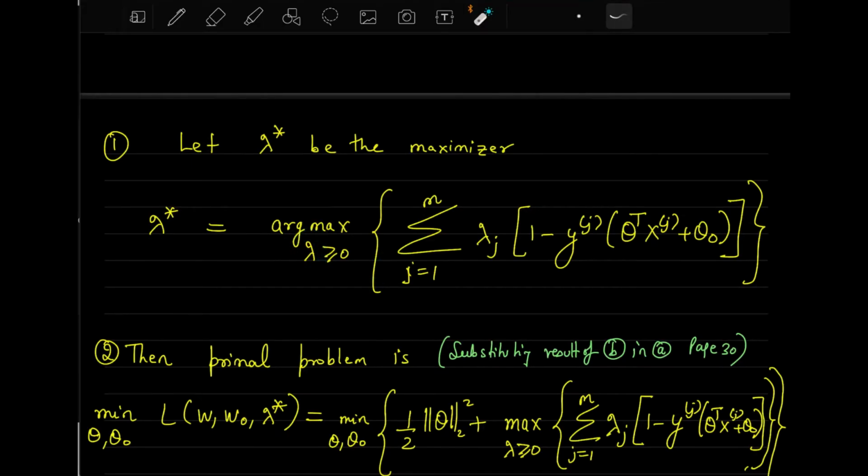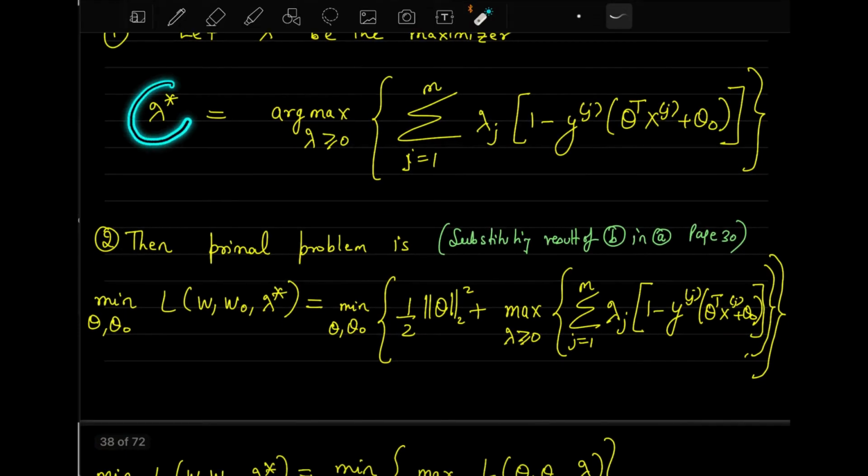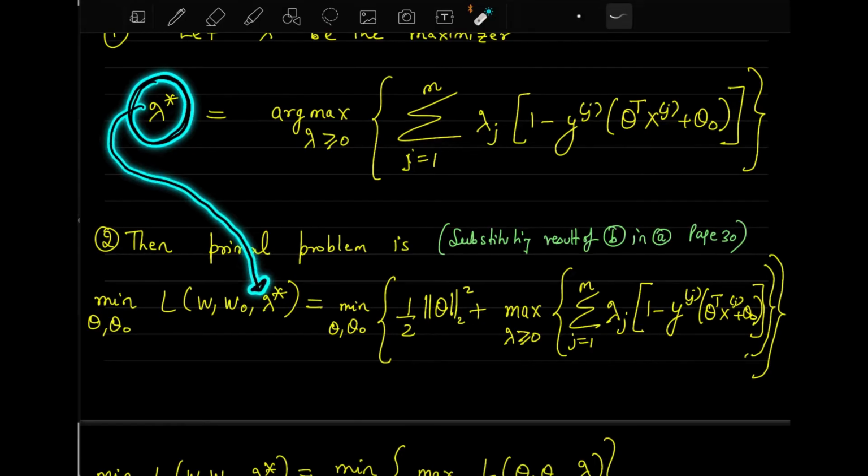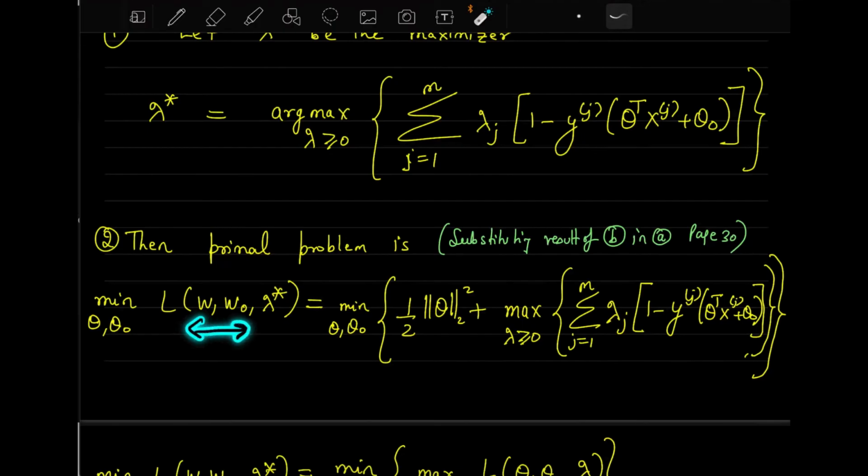Now if you recall, as I told you, once you calculate the value of lambda star, you have to put that value into the primal space to get the values of theta and theta 0. So what you will do is plug the value that you calculated here into the Lagrangian function which is given over here, so that you can get the solutions for theta and theta 0.